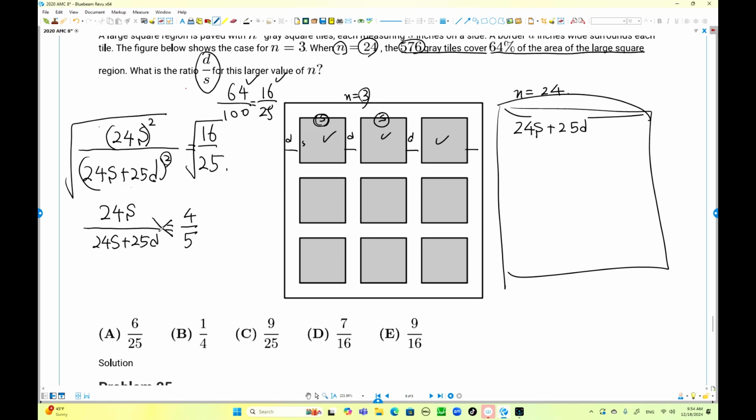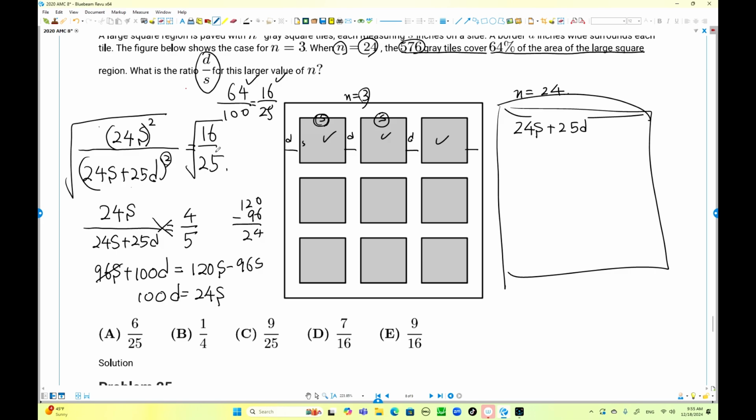Cross multiplication. So 4 times 24s is 96s. 25d times 4 is 100d, and 5 times 24s is 120s. So 100d equals 120s minus 96s, which is 24s.